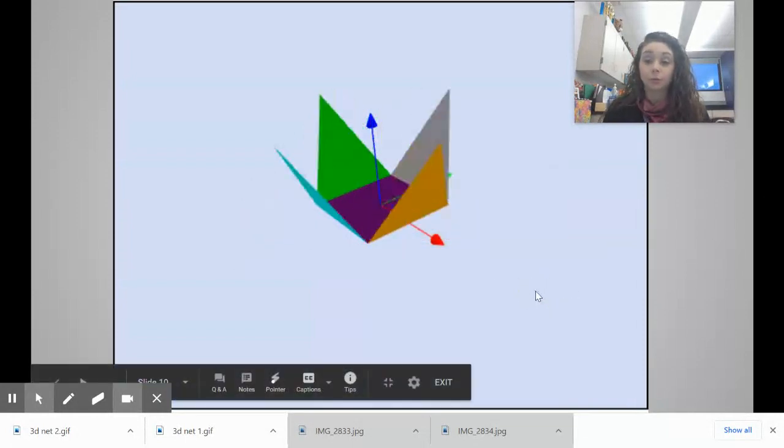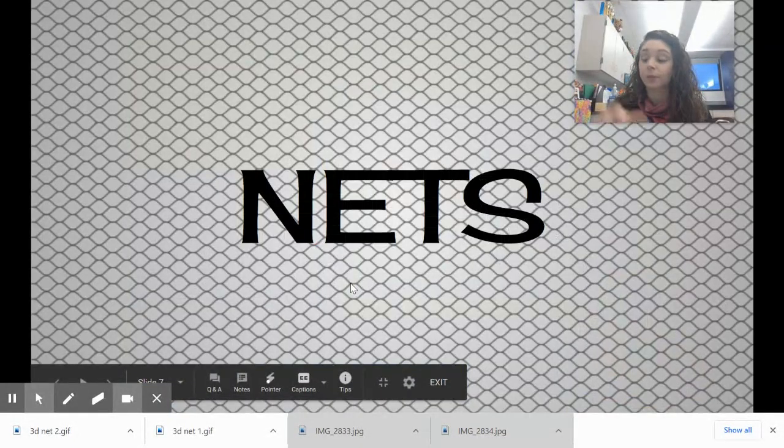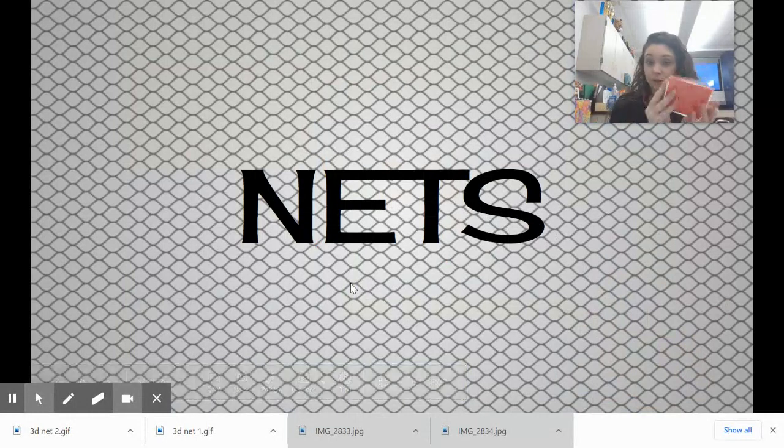So I'll show you what I mean with my shapes here. So we've got our triangular prism. Okay. Now, you've already seen the triangular prism put together.